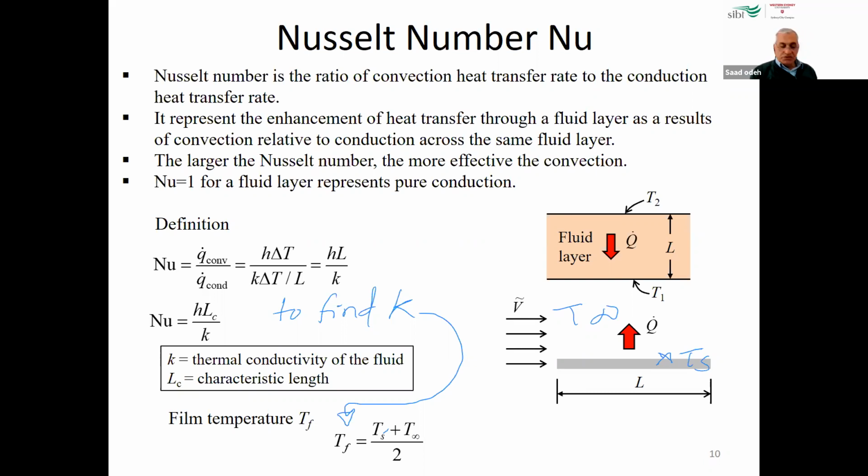You have to take the average. So once you take the average temperature, which is TS plus T infinity divided by 2, you take this to tables and use it to find the properties of the fluid which you need. For example, the conductivity, the viscosity, the density, all these values you have to find at T-film.